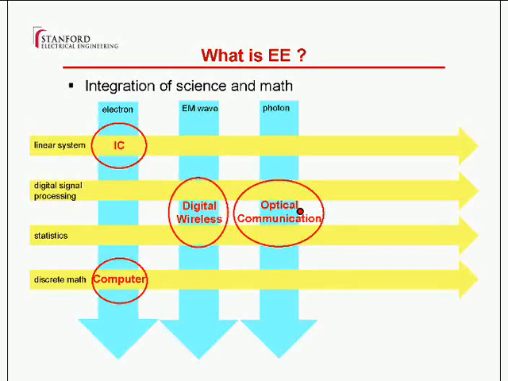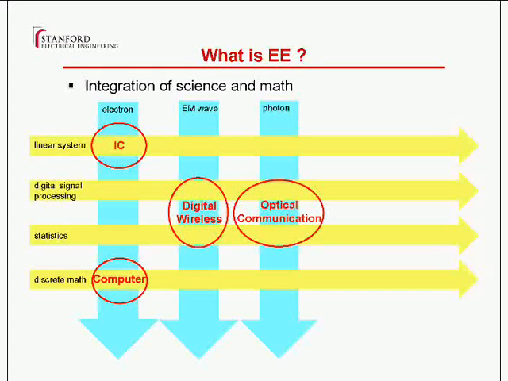Similarly, in optical communications, it is the integration of understanding how photons behave, understanding how we can manipulate the photons, understanding the statistics of how they will behave in large-scale systems, and how we extract the useful information out of that.